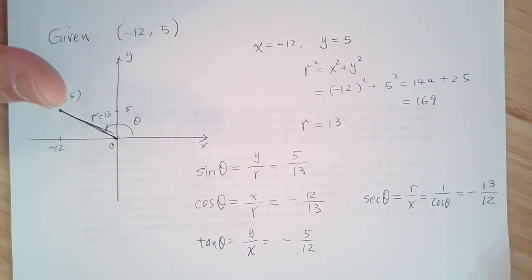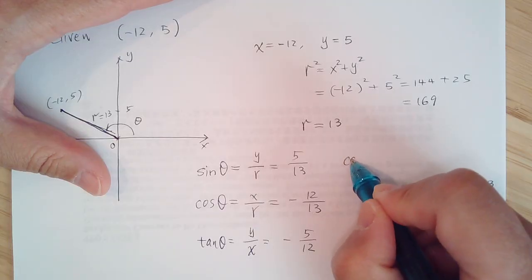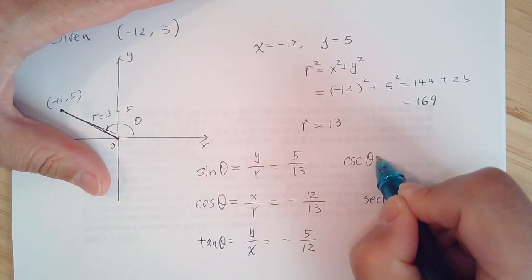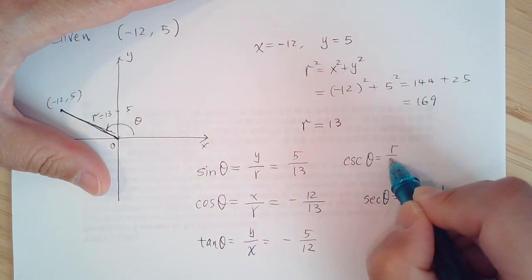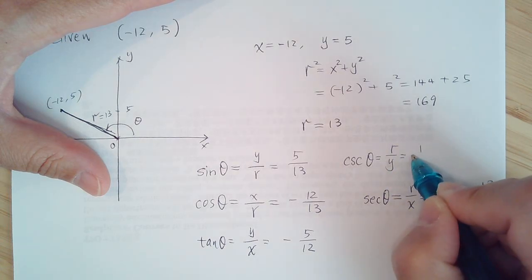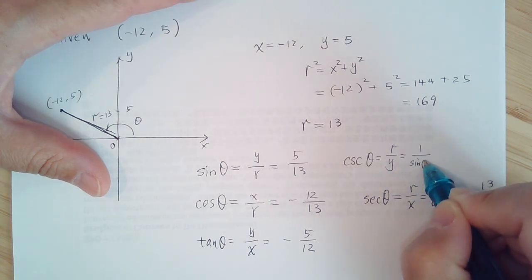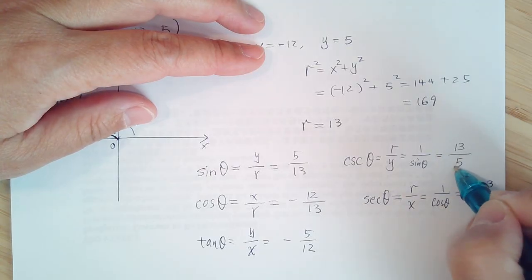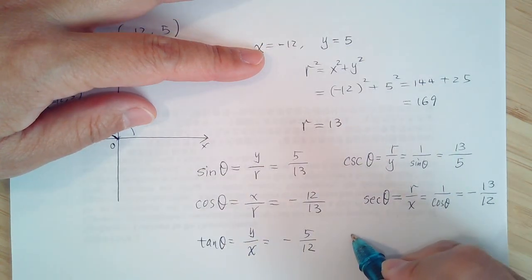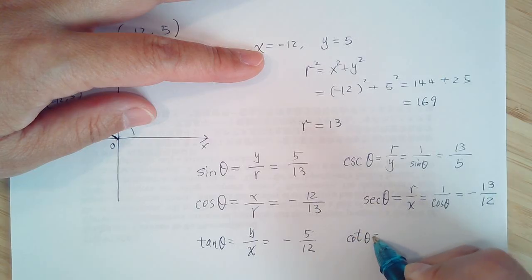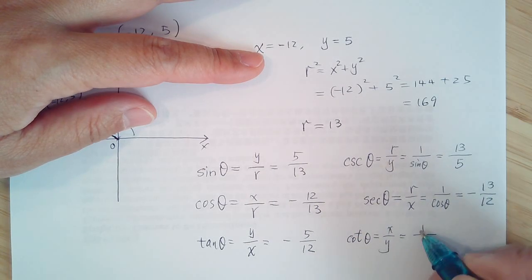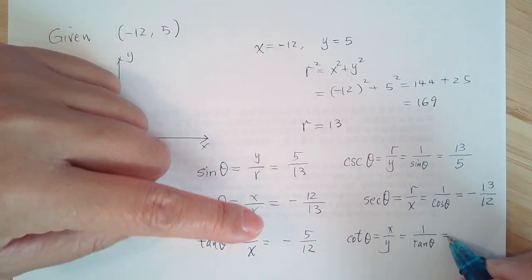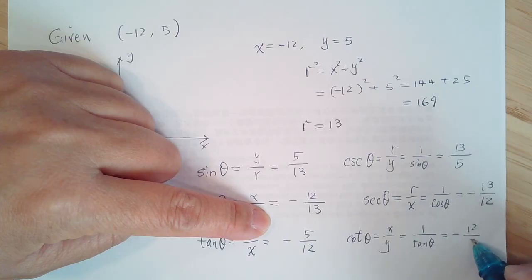And then cosecant theta, you can either use r over y, or 1 over sine theta, which is the reciprocal of that. So it's 13 over 5. And the last one, cotangent theta, is either x over y, or the reciprocal of tangent theta, which is negative 12 over 5.